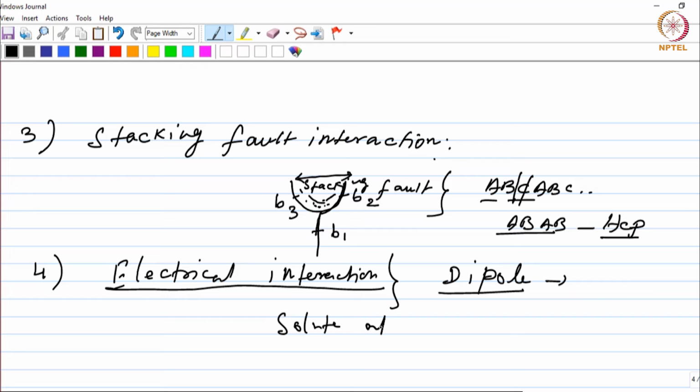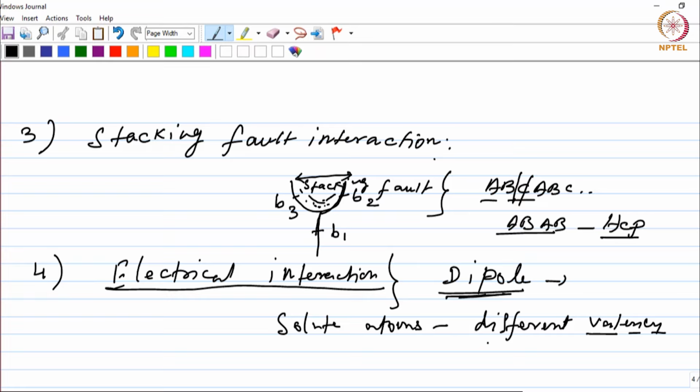apart from size difference, there is one more difference. Solute atoms have a different valency. While the elastic interaction arises due to the size difference, here the electrical interactions arise due to the valency difference, because due to the difference in valency, the charge will be concentrated around the solute atoms, and that is how it will give rise to positive and negative ends, and that will be attracted by the dipole which is present in the dislocation core, right?